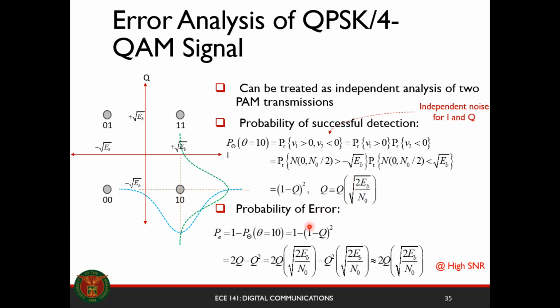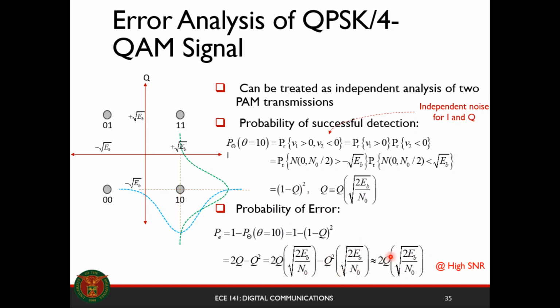Then the probability of error is just the complement of the probability of successful detection. So if we substitute 1 minus this, we get this, which is basically 2Q minus Q squared, right here. At a very large signal to noise ratio, this Q squared, remember that it's a decreasing function as your argument increases, can just be ignored.